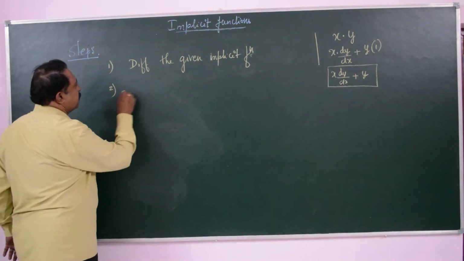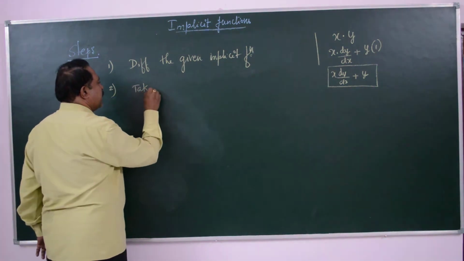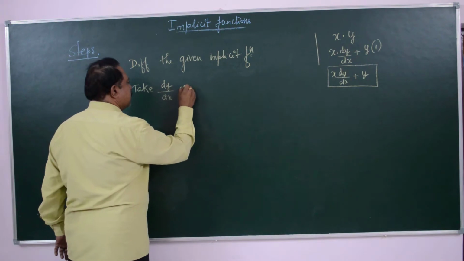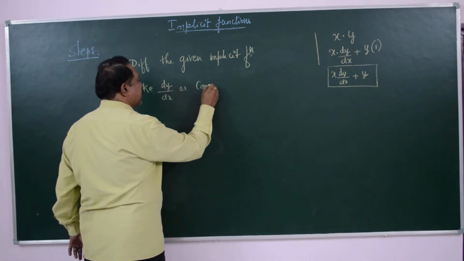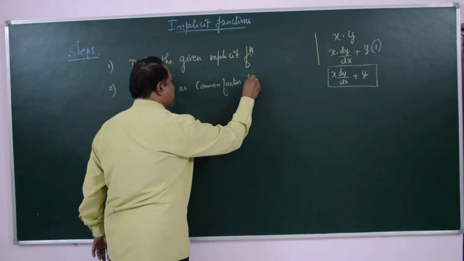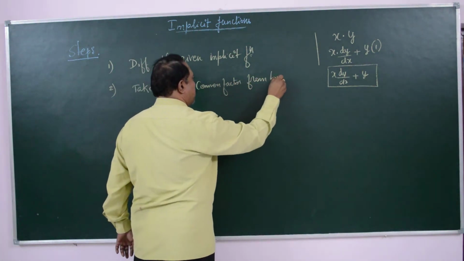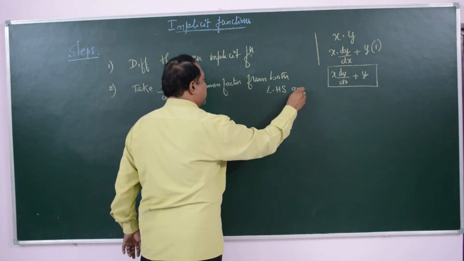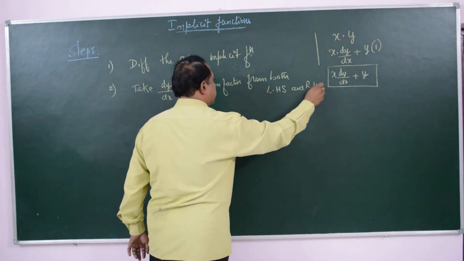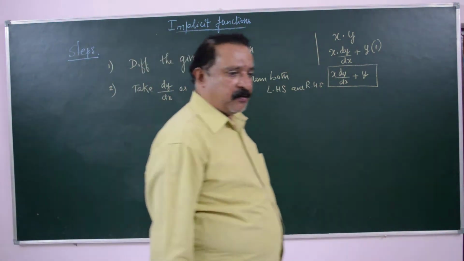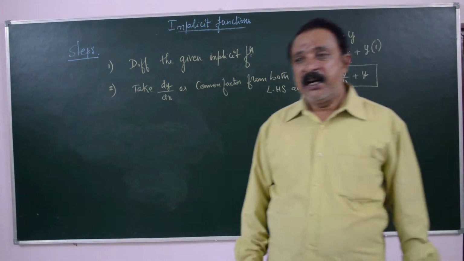Now the second step is take dy by dx as common factor from both left hand side and right hand side.